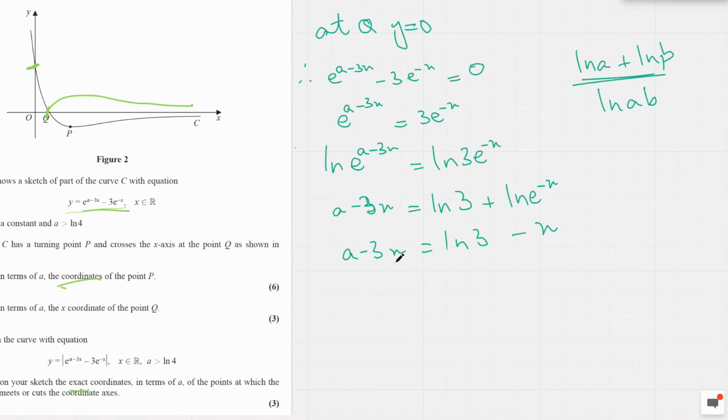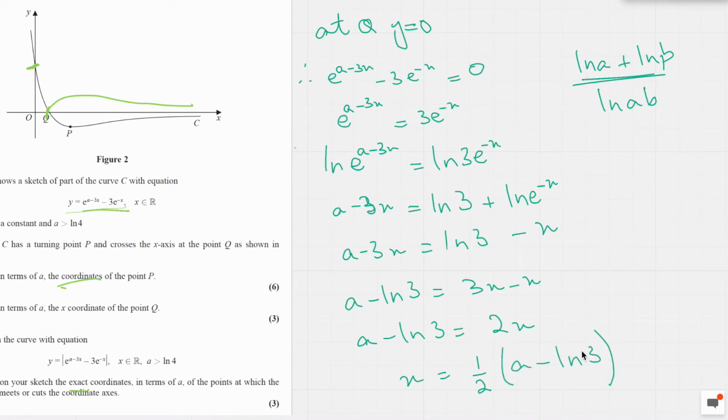Now I'm just going to bring all the x terms on one side. So a minus the natural log of 3 equals 3x minus x, so a minus the natural log of 3 equals 2x. When we divide both sides by 2, we get x equals half of a minus the natural log of 3.